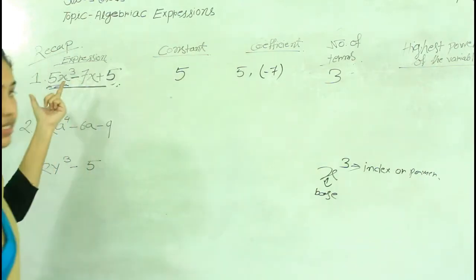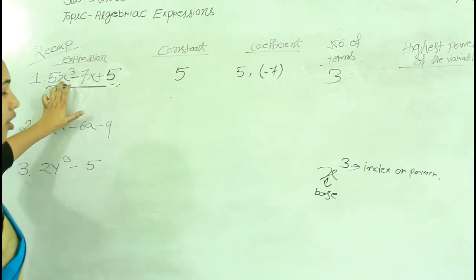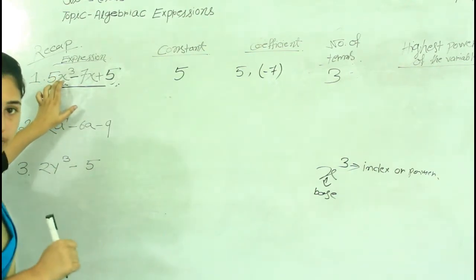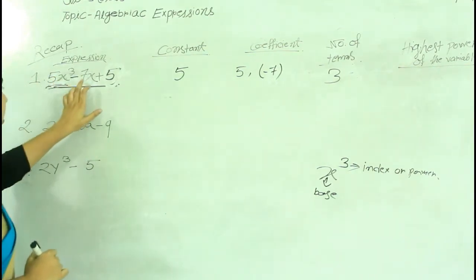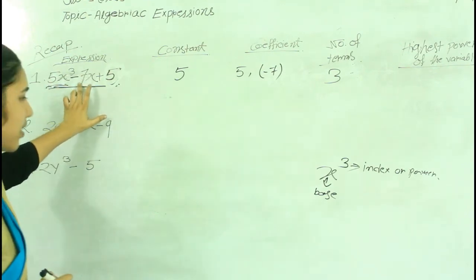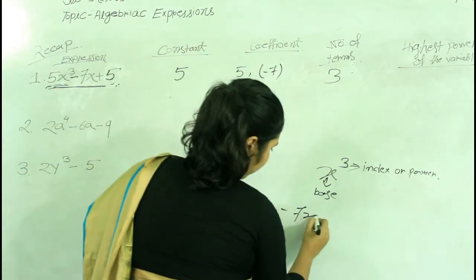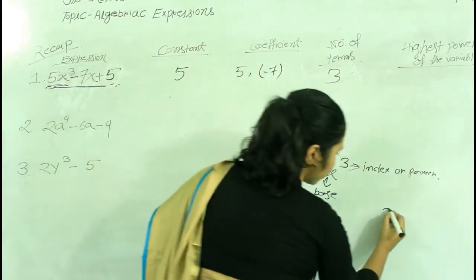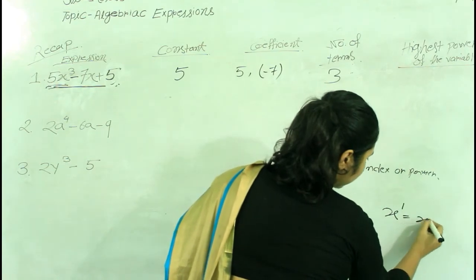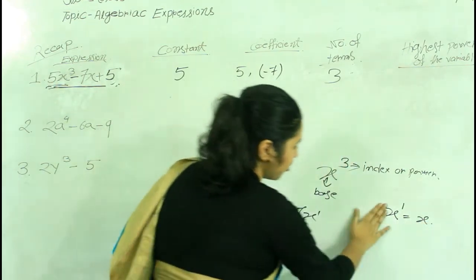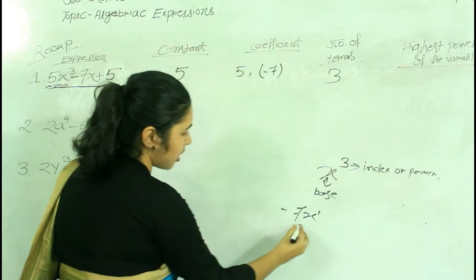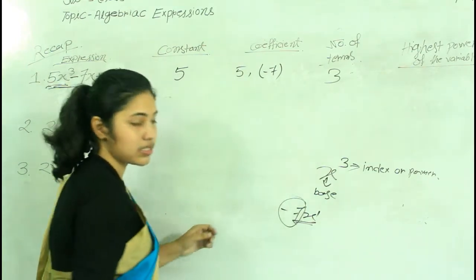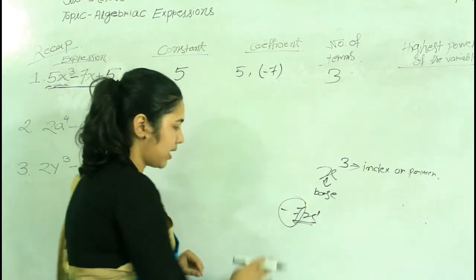So here in this expression, the power of the variable x in this term is 3. Next term, minus 7x. Now here the power of x is 1, right? Because we know that x to the power 1 is equal to x, which means in this term the power of x is 1 and minus 7 is the coefficient of x.